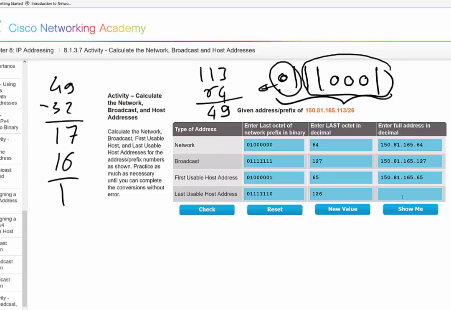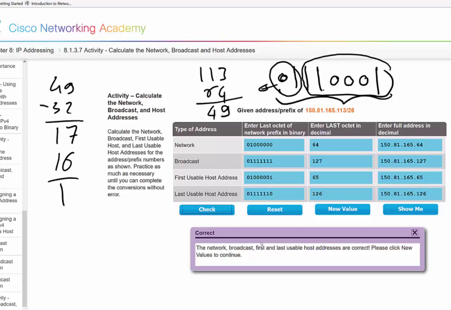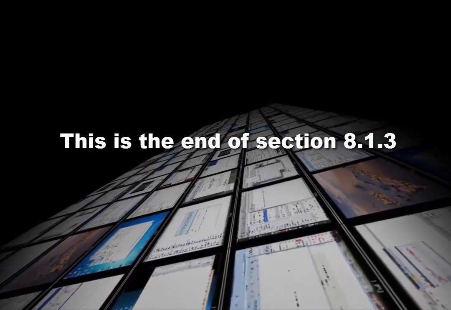So this is 150.81.165.126. Let's see if that's actually correct. They are all correct, so that's good. All right.